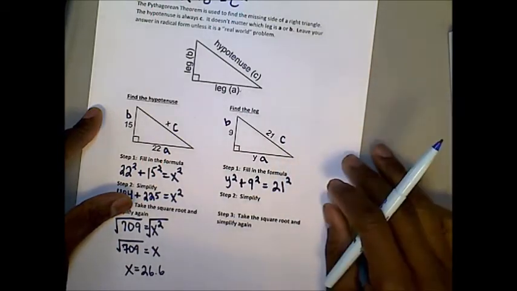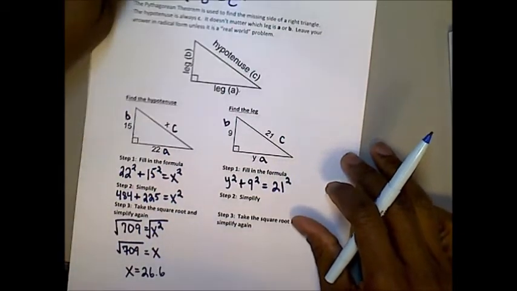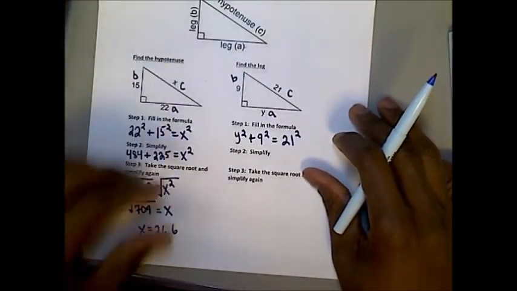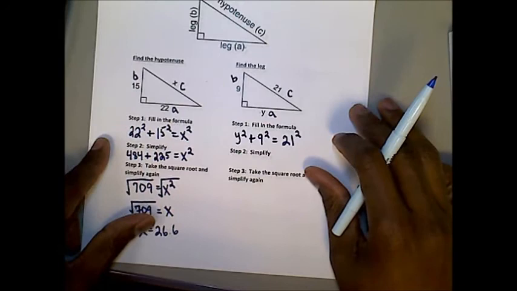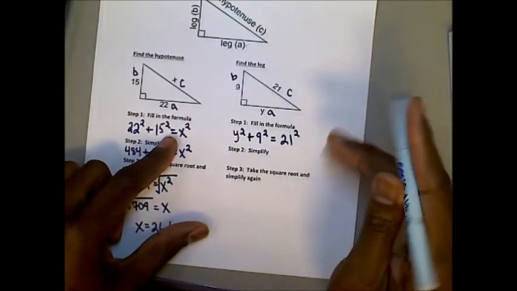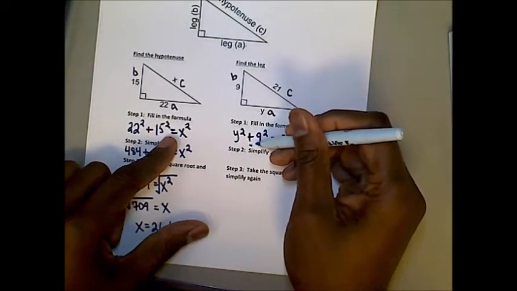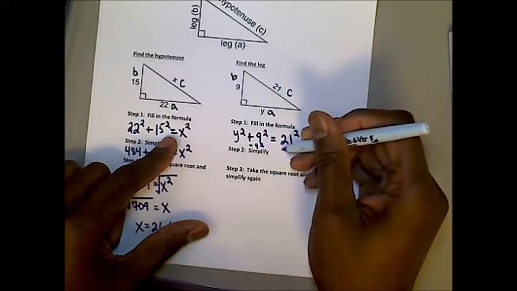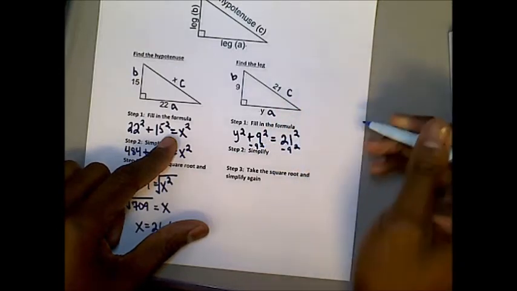Okay, so just like the previous example, I'm plugging in the numbers. Okay, now simplify. So just like we do in normal algebra, we have to isolate the variable. We have to get it on the side by itself. So what I'm going to do is subtract 9 squared from each side.